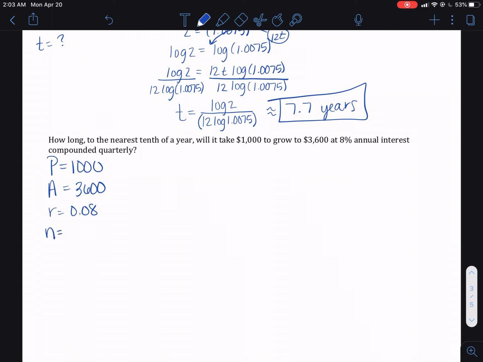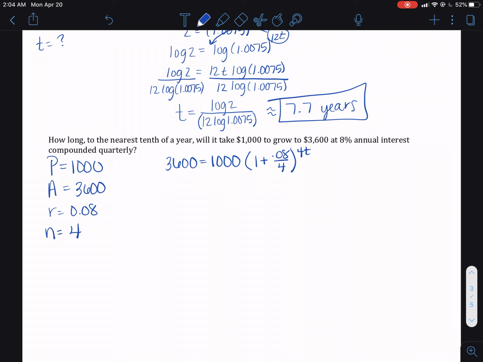Quarterly, how many times does that happen in a year? 4. So if we plug into our formula, we have 3,600 equals 1,000 times the quantity 1 plus 0.08 divided by 4, to the 4t power.